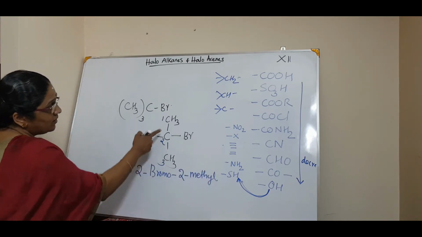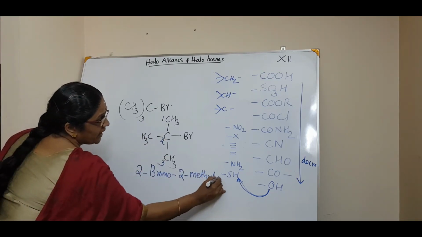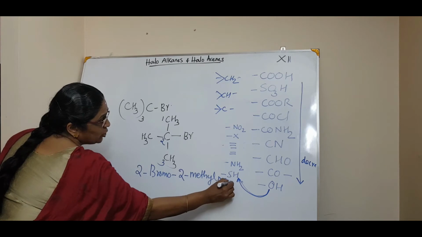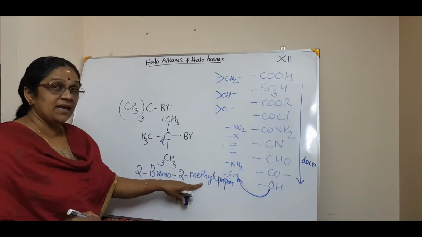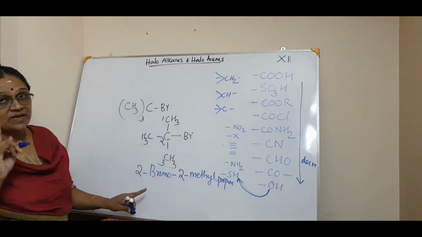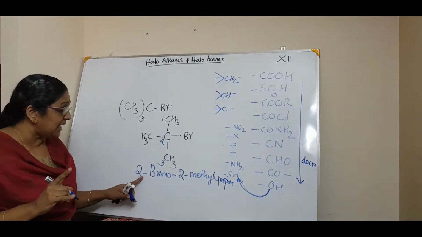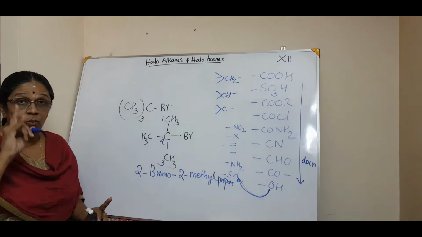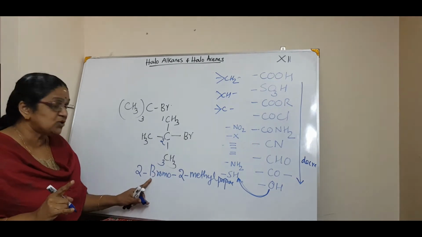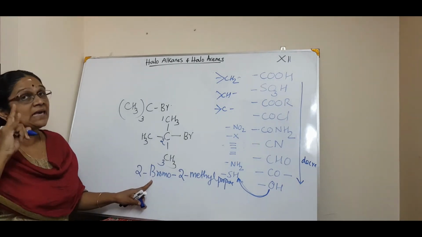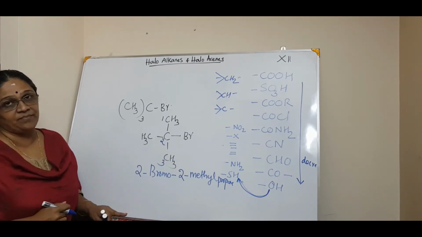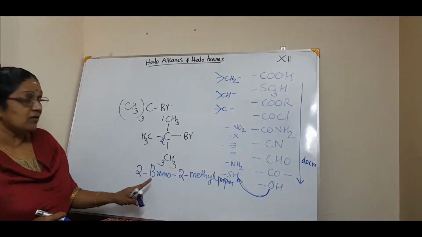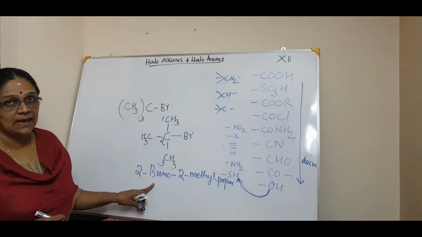Then 1, 2, 3 propane. So the IUPAC name is 2-bromo-2-methyl propane. While writing the IUPAC name, don't miss any hyphen or comma wherever necessary, and also the first letter will be capital. The exception is secondary, tertiary, etc. Okay. So this is the IUPAC name.